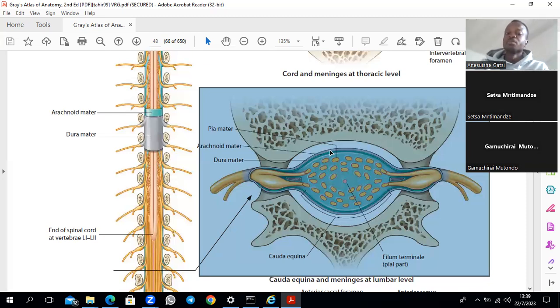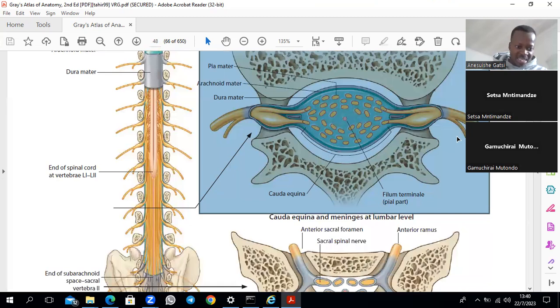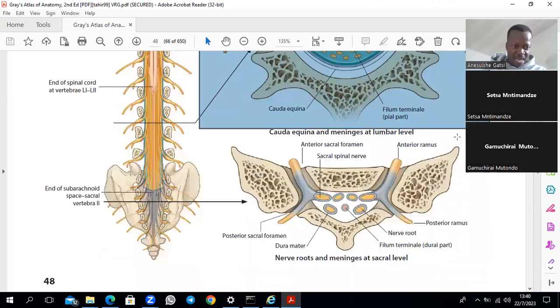Right. Then pia mater, which is closely attached to the spinal cord, ends where the spinal cord ends. And it continues as a purplish structure known as the filum terminale.